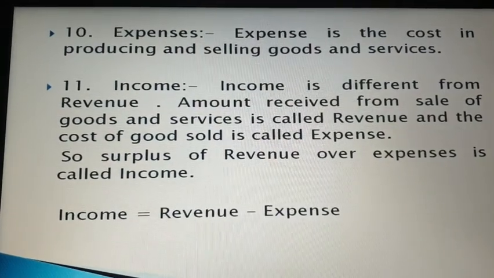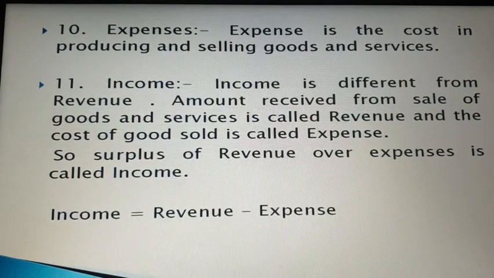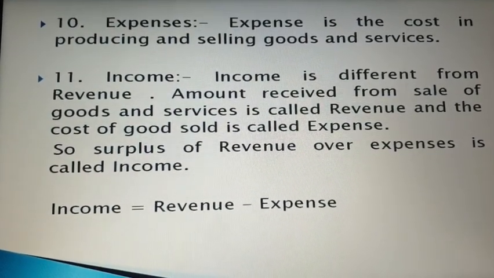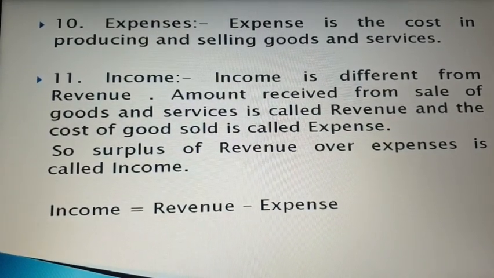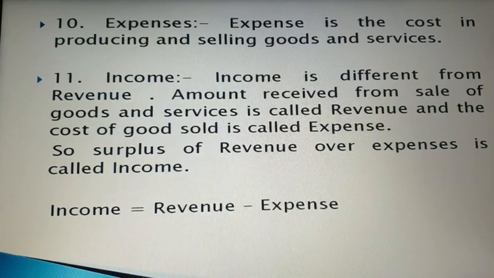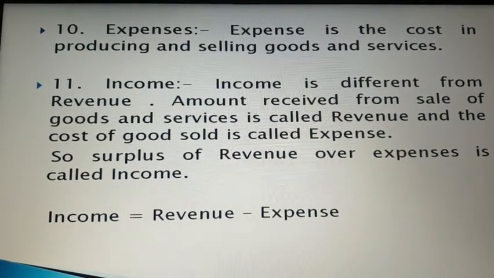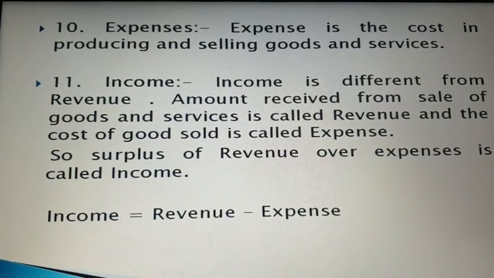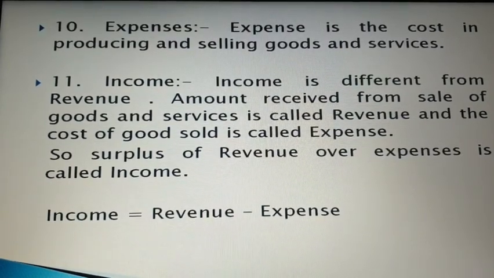In the previous slides, we already discussed a number of accounting terminologies up to point number 9. Now the 10th point is expense. What do we mean by expense here? It is the cost of producing and selling goods and services. So whatever the producer has expended on producing the goods as well as selling goods and services is called expenses.